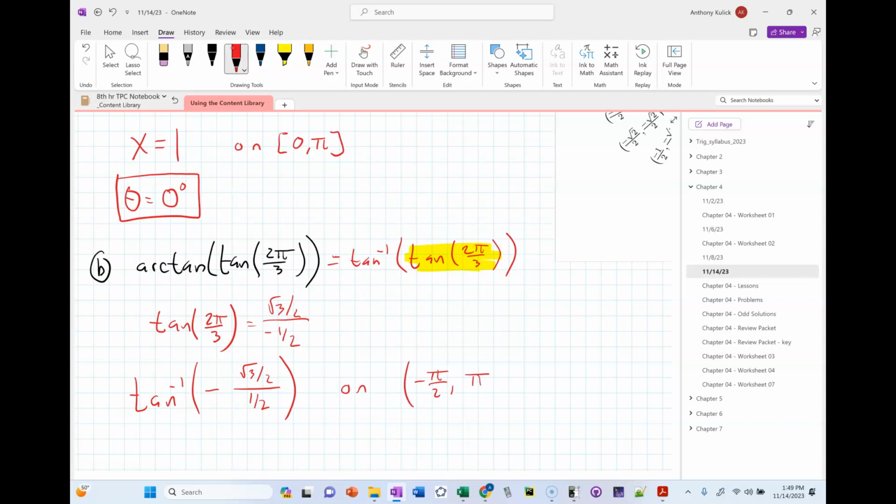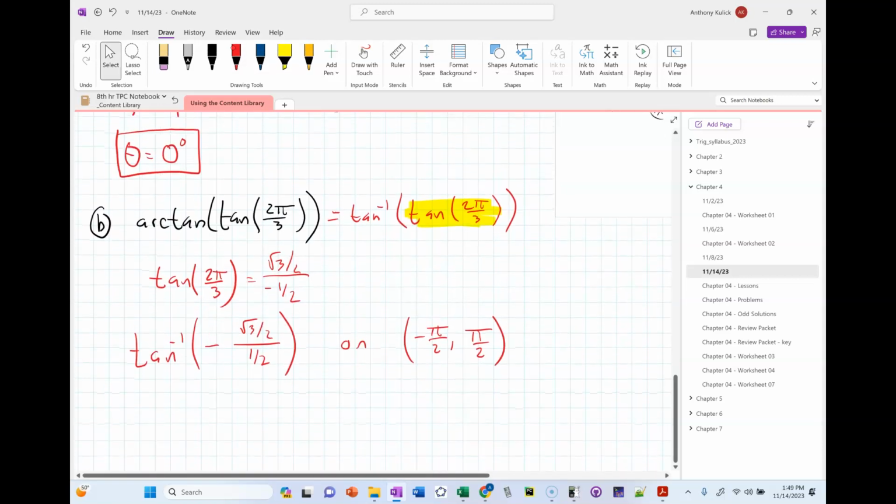So I'm going to be looking for tan inverse of negative root 3 over 2 divided by 1 over 2 on the interval from negative pi over 2 to positive pi over 2.